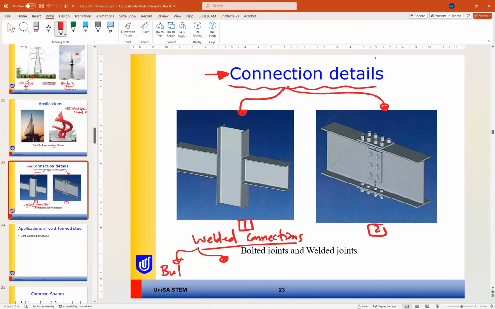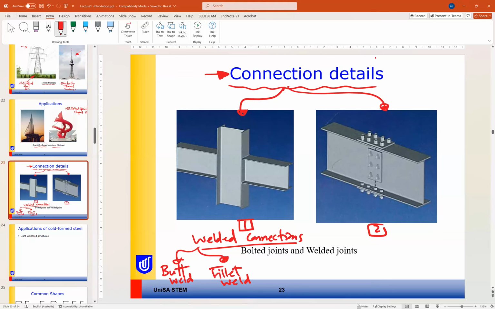We have butt weld. What is the other type of weld? Do you remember? And fillet weld.